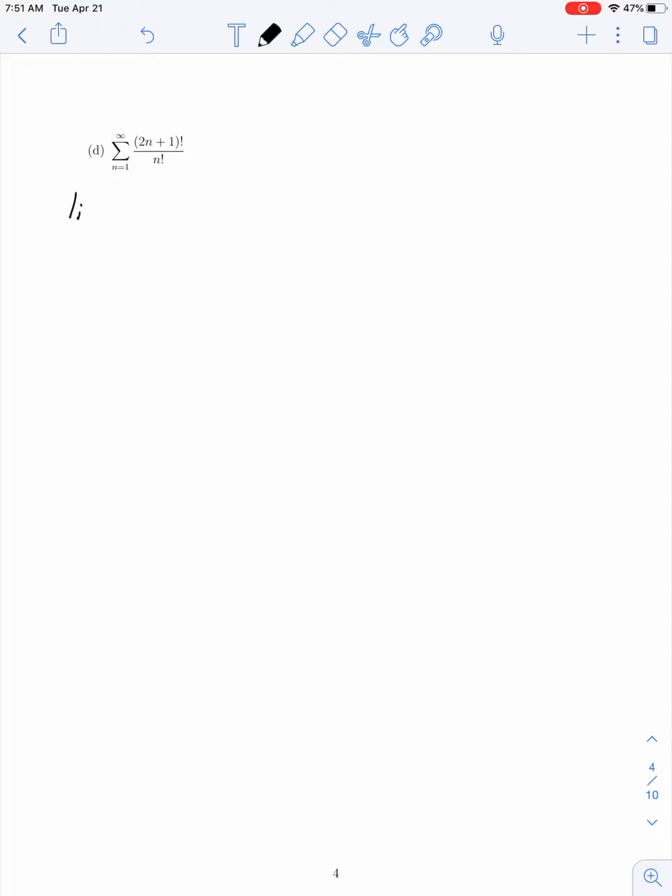So here, the first step for the ratio test is to look at the limiting value as n approaches infinity of the absolute value of a sub n plus 1 over a sub n. So let's think about our a sub n plus 1 term. Here, if I replace n with n plus 1 in my numerator, let's see what we have.